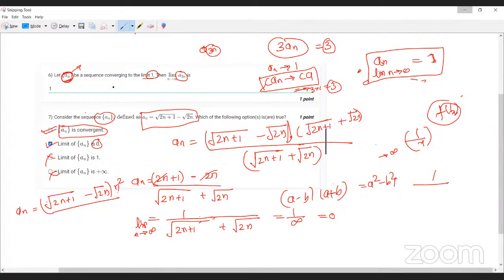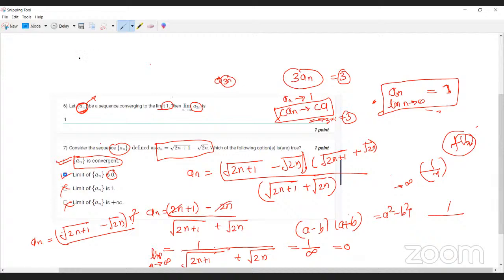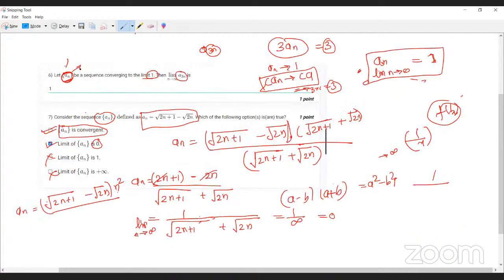Why? Because it is tending to 0. For diverging, as n tends to infinity, if an is giving me infinity value, then it is diverging. If the limit of the sequence an is infinity, then it diverges to infinity. And if I'm getting any particular value, 0 is also a value, so it is converging, right?